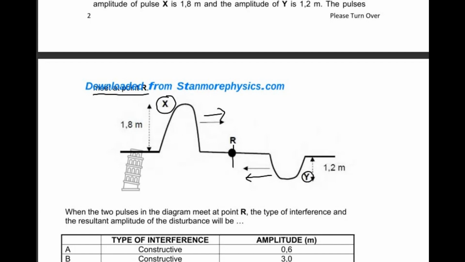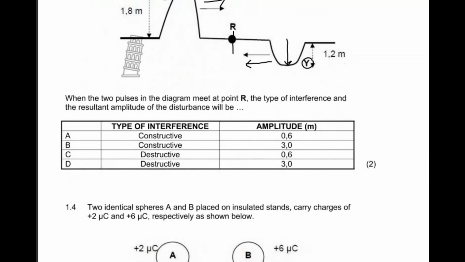So from your equilibrium to the highest point, the maximum point of displacement, that is your amplitude, 1.8. But also from equilibrium to the lowest point on that pulse, we can also say that is the amplitude of the pulse.